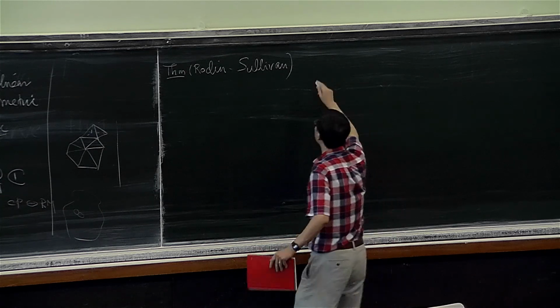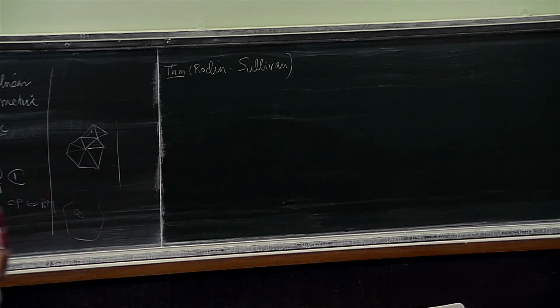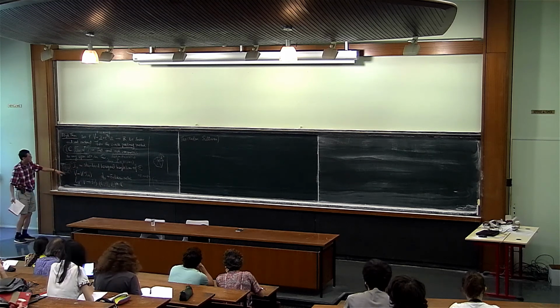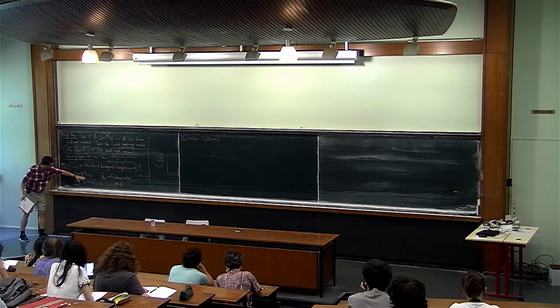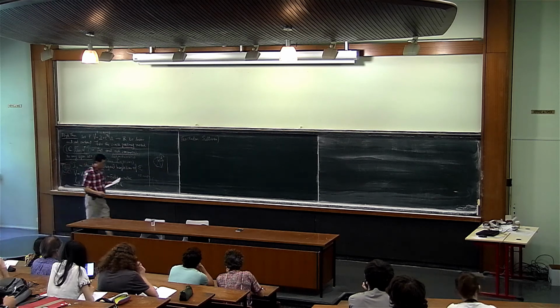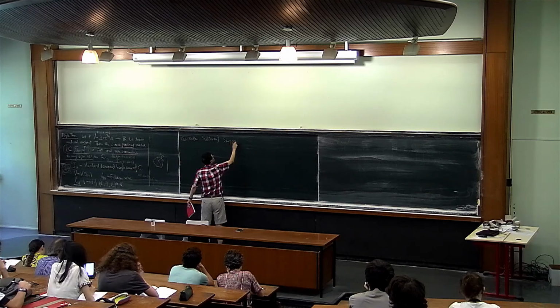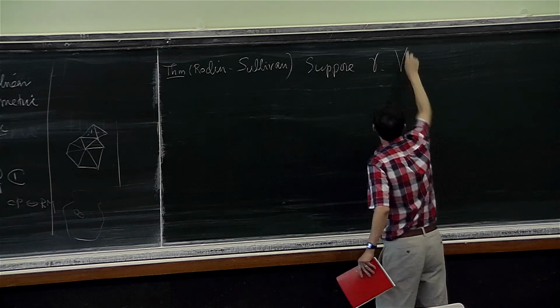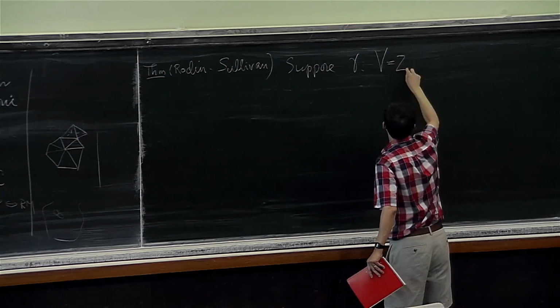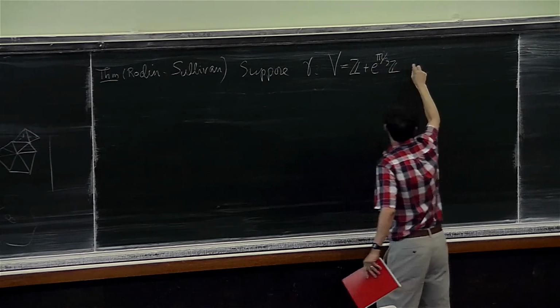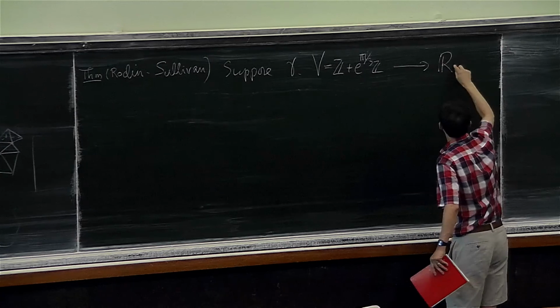So the statement is, again, I'm going to use the same framework. T standard is a hexagonal triangulation of the plane, and V is the vertices. Suppose R is a radius assignment.